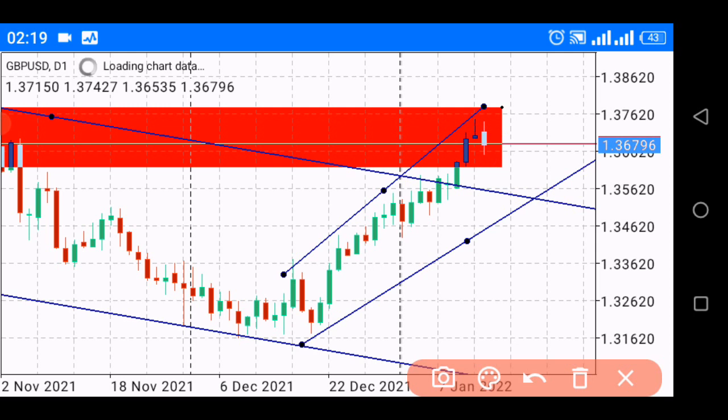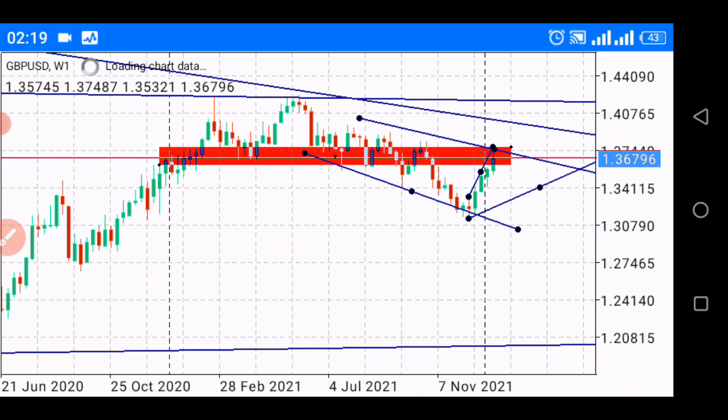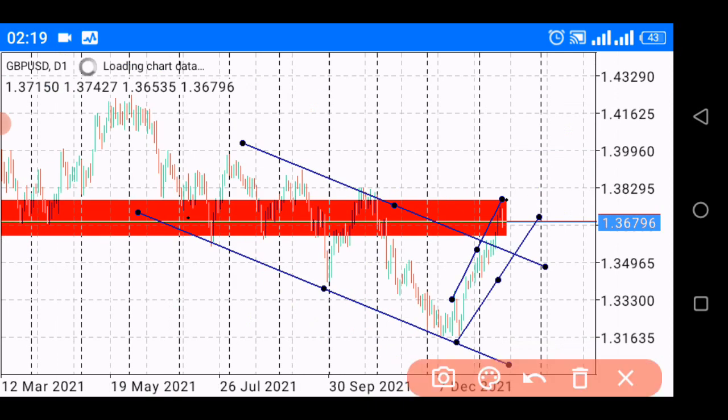So now, this is our neckline in the weekly charts. Let me show you. You can see it. This is our neckline in the weekly charts, and here we have a downtrend or a channel that you may call it.